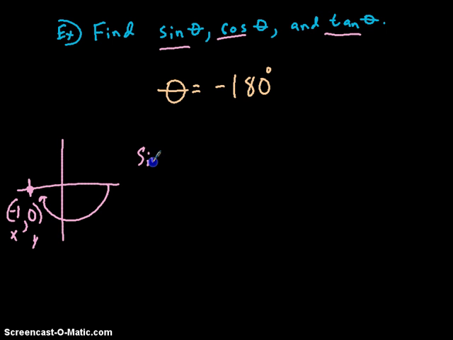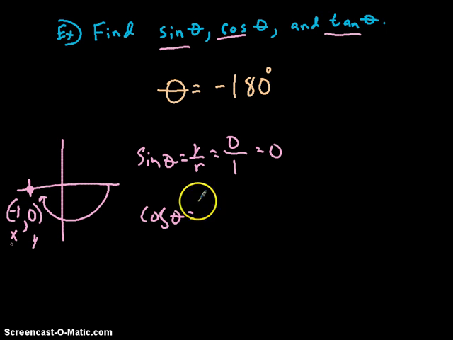So we want to find sine of theta again, it would be the y value over r, so it would be 0 over 1. So sine of theta in this case is 0. And if I want to find cosine of theta, well, that would be x over r, so it would be -1 over 1, because the radius and the length are the same thing, so it's -1.